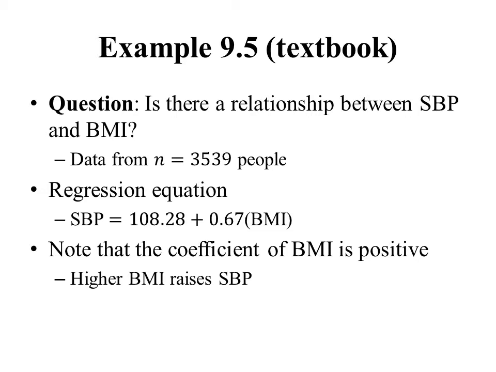This coefficient is positive, and so as we saw in one of our previous examples, a positive coefficient means that if this variable increases, then this variable over here is also going to increase. So specifically, that means that a higher body mass index is going to lead to an increased systolic blood pressure. Now, keep this value 0.67 in mind, because we're going to see that value again in a bit.